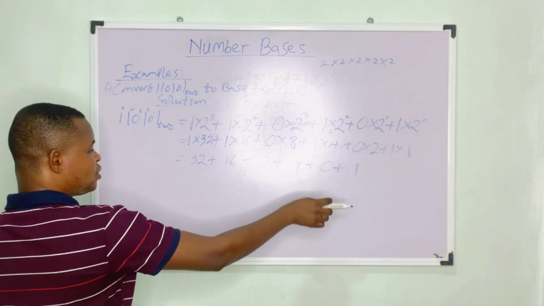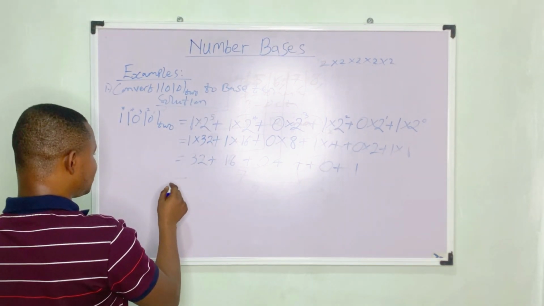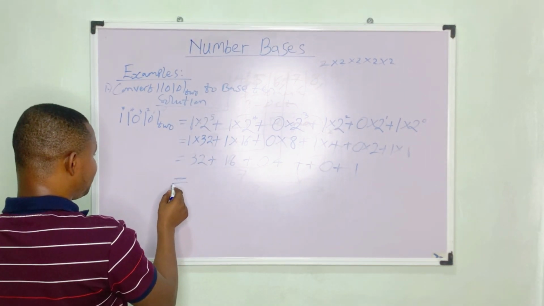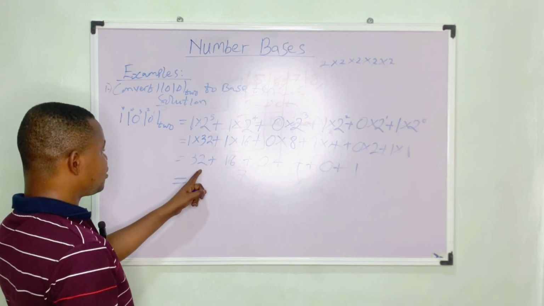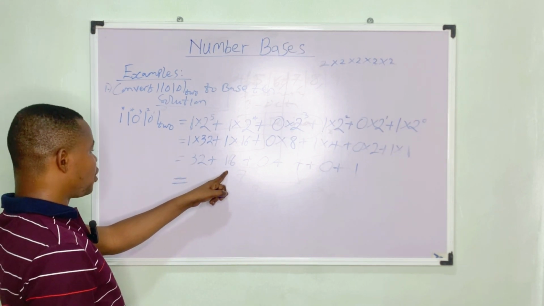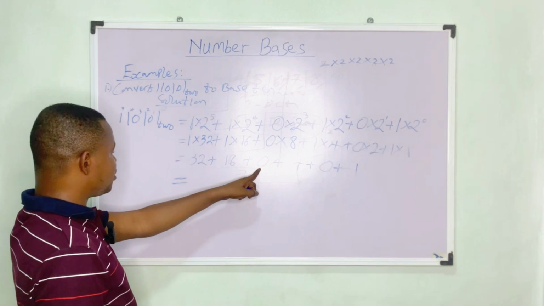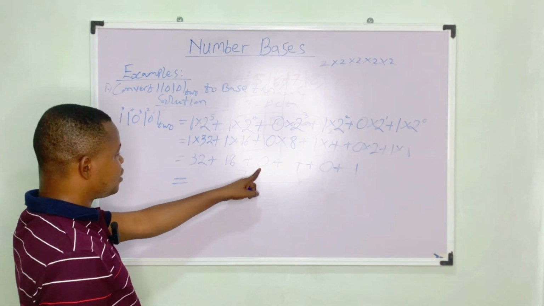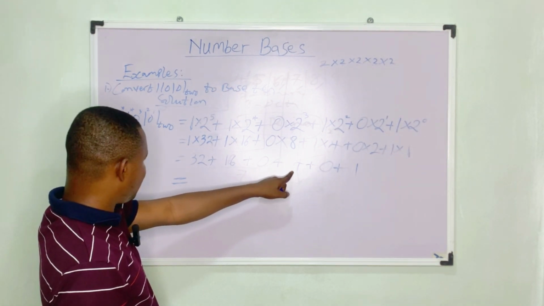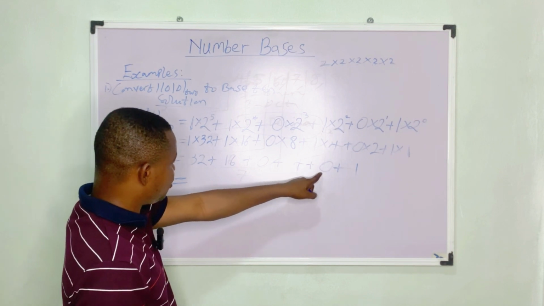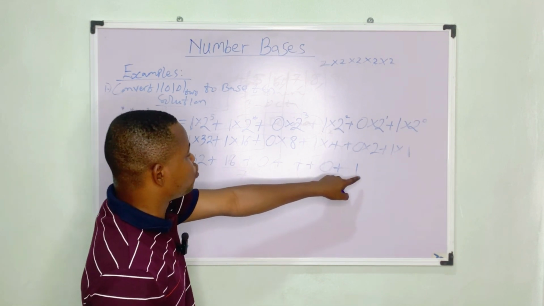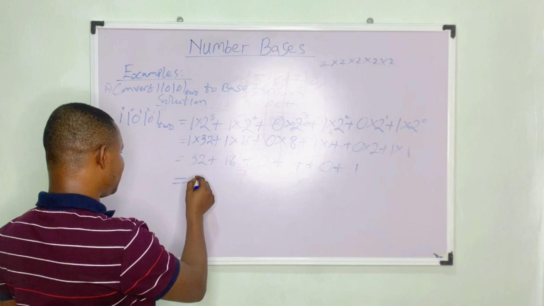So let's do the arithmetic, and whatever we get is our final answer in base 10. 32 plus 16, that will give us 48, plus 0 is still 48. 48 plus 4, that's 52. Plus 0 is still 52. Then plus 1 will give us 53.